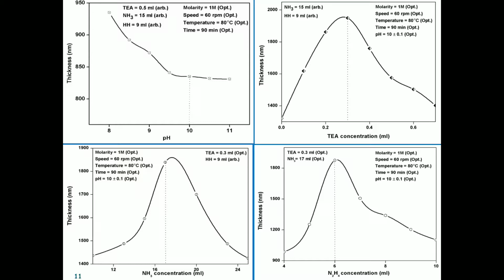Thus, with the addition of TA and ammonia, two processes initiate simultaneously. The first process is the complexation of Zn2+ ions by TA, and the second process is control of pH of the solution bath around the desired value, that helps to enhance the rate of formation of a thin film layer, and consequently the layer thickness is a bit increased.